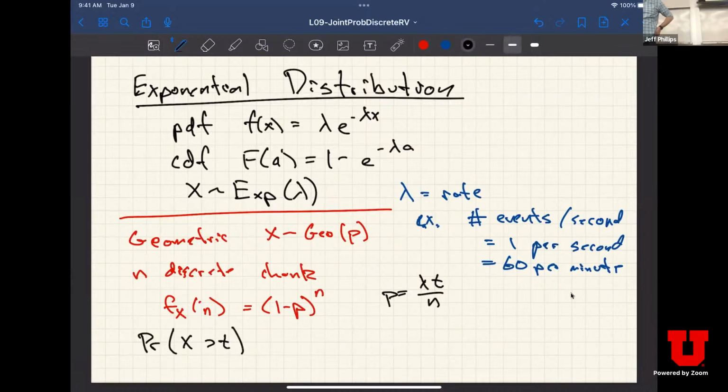So the probability that the geometric random variable is greater than t, so it happens sometime past t, after t steps.